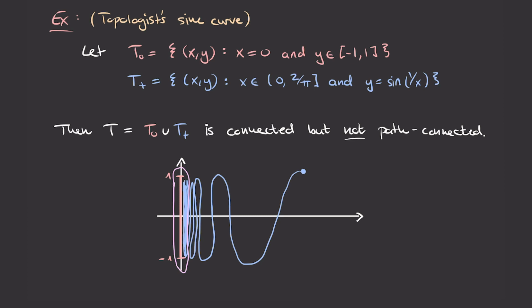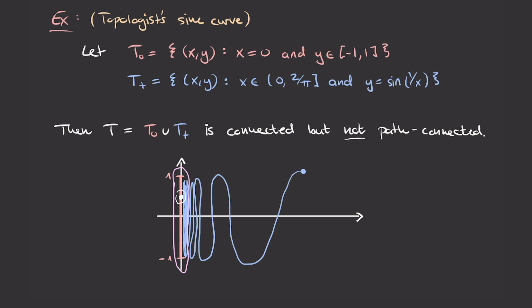In particular, if I take any point here lying in T0, there needs to be a small open ball around it that still lies completely within this pink set, and therefore also whatever part this open ball intersects with T+, so the part it intersects with the blue curve, needs to lie within this open set, which is supposed to be one of the disconnecting sets.